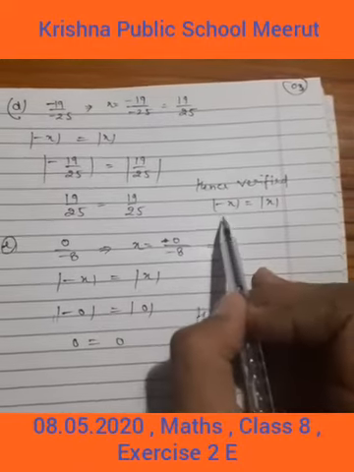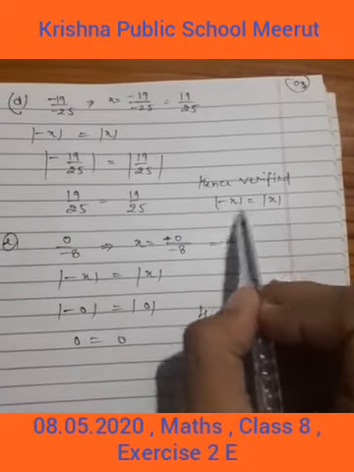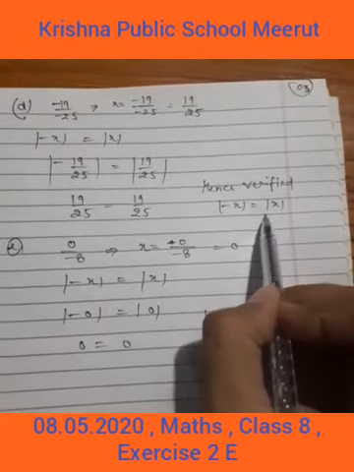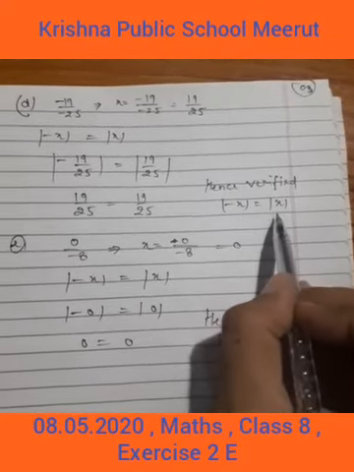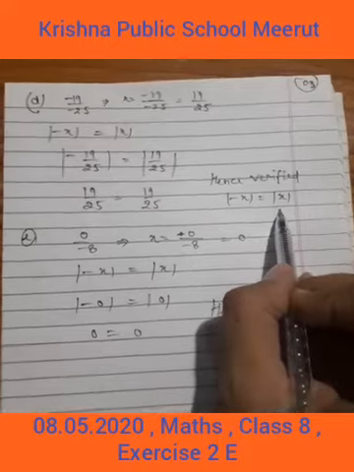Hence verified minus x in vertical lines is equal to x in vertical lines, or we can say absolute value of minus x is equal to absolute value of x.